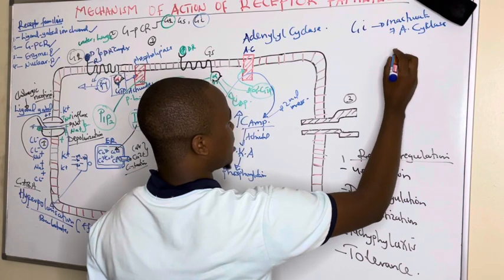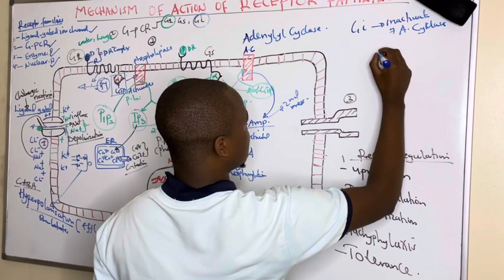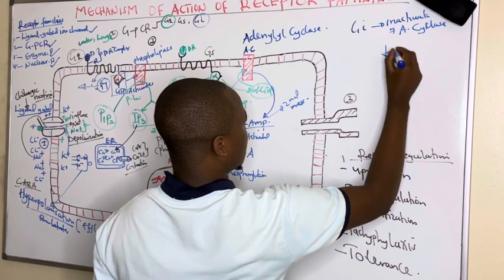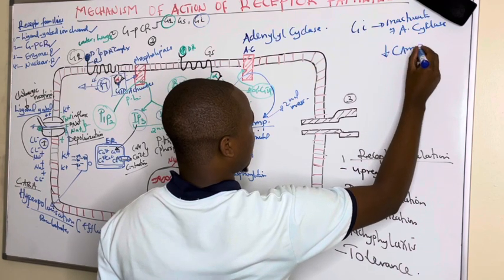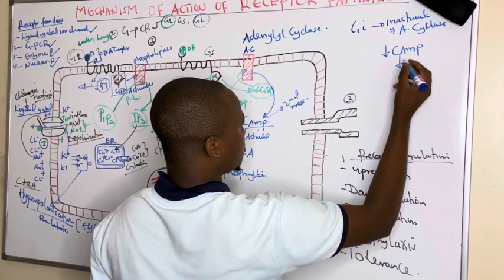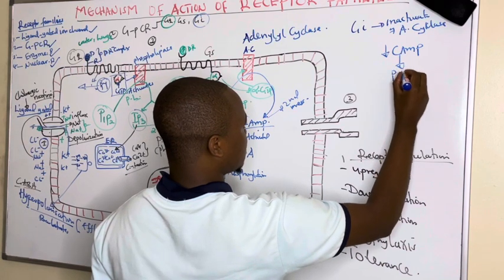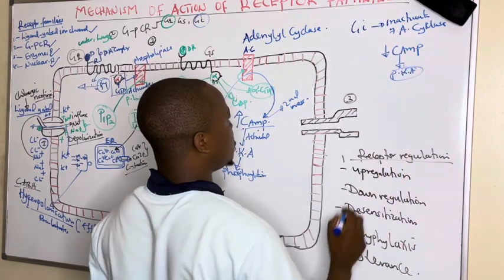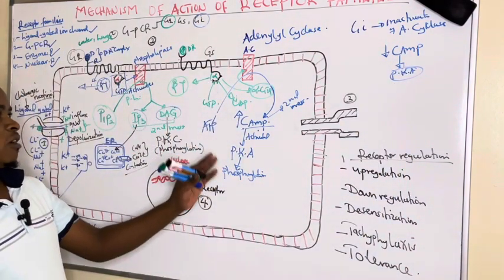When adenyl cyclase is inactivated, it decreases cAMP levels. And without cAMP, we cannot see protein kinase type A being activated. They remain inactive, hence stopping the cellular response.